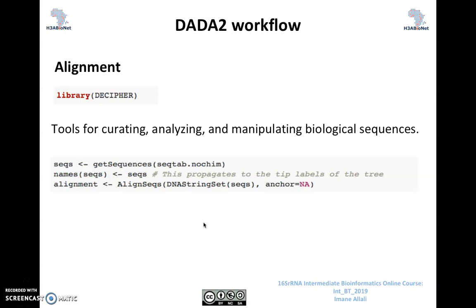You load it first using library(DECIPHER). DECIPHER is a tool for curating, analyzing, and manipulating biological sequences. You load this package and run the AlignSeqs command, which will perform a multiple alignment of your sequences.